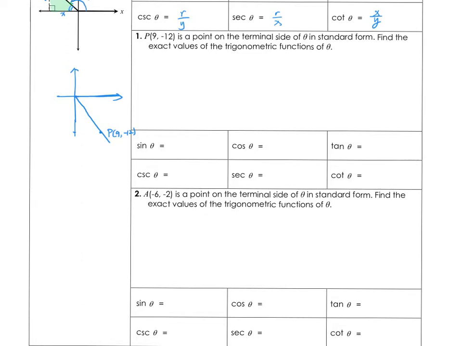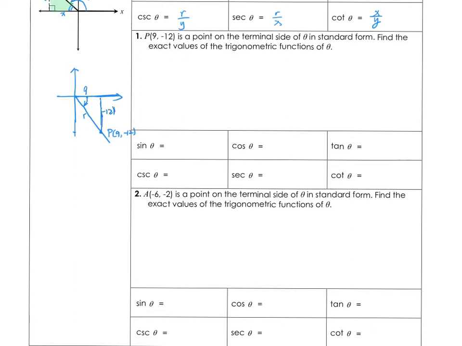Now you're looking at this angle here. And P is here, so if I draw a straight line to the x-axis, my r is here, my 9 is here, my negative 12, or the absolute value of negative 12, is this distance.